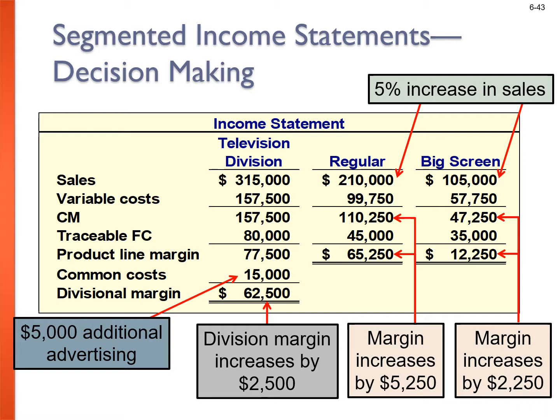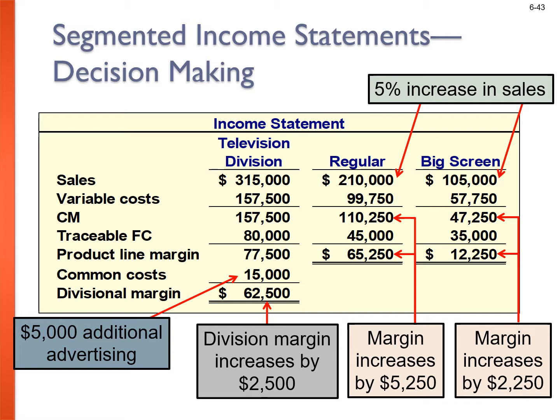The margin increases by $52.50 for the regular screen TVs, and the margin increases by $22.50 for the big screen TVs. So if we increase just the sales, variable costs remain the same per unit of sales. Contribution margin will increase. Traceable fixed costs, it looks like, are remaining the same.